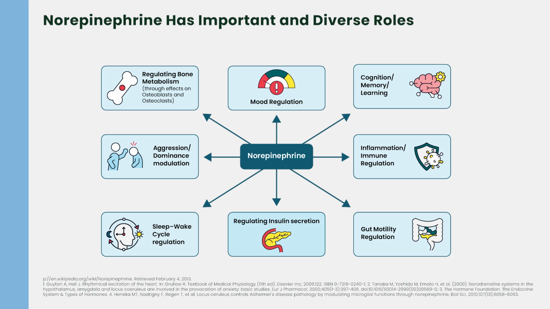Even things like gut motility, regulation of insulin secretion, definitely the sleep-wake cycle. It has a role in social withdrawal, but also social aggression. And who knew that it's even involved in the regulation of bone metabolism? So norepinephrine is a very hard-working neurotransmitter that helps us modulate good homeostasis in health.